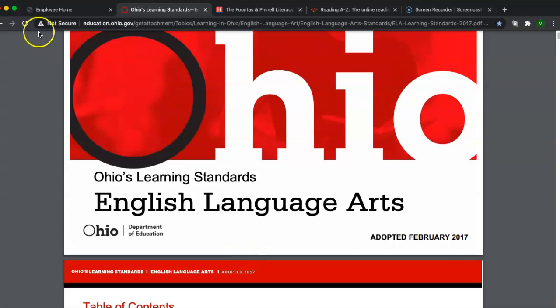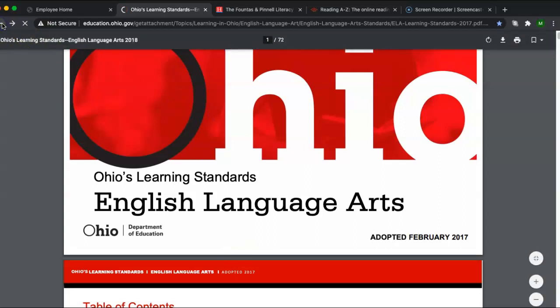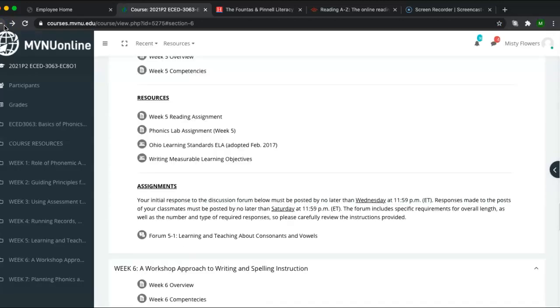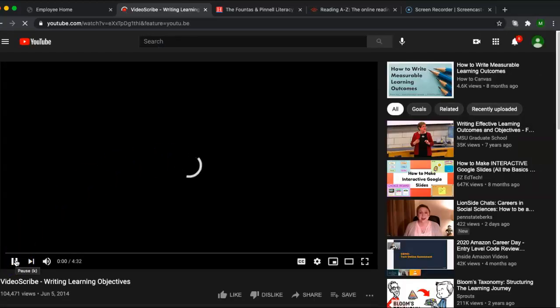That's why the standards are here. You're also going to have to write a measurable learning objective for this lesson plan. This tells you what you need to include in your measurable learning objective.